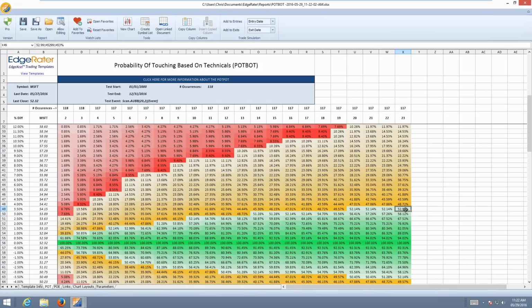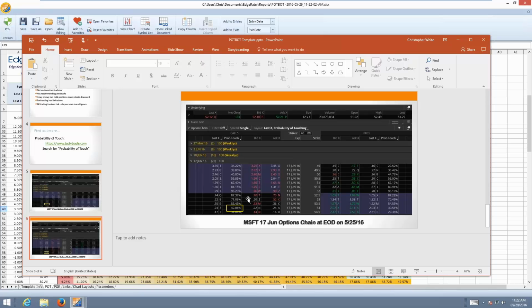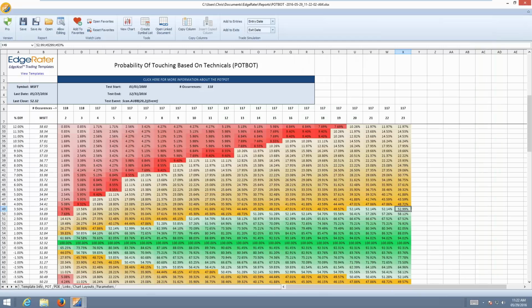Didn't necessarily close at that level, but it touched that at some point during those next 23 days. So the option prices right now, as of that particular bar where price crossed over the upper Bollinger Band, were priced such that only 42% of the time it's expecting a move to that level. But historically, when price crosses above the upper Bollinger Band, 53% of the time price gets to that level.